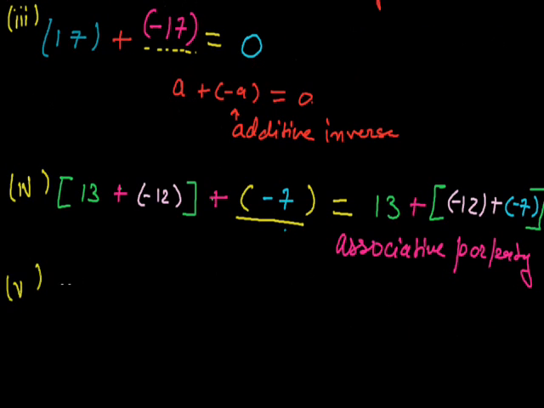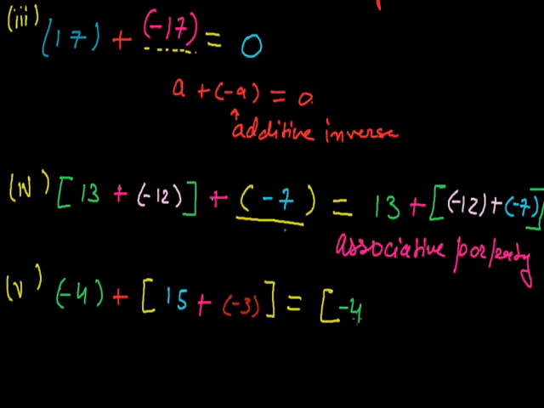The last part is minus 4 plus bracket opens 15 plus minus 3 bracket close equals bracket opens minus 4 plus 15 bracket close plus, now here we have a blank.